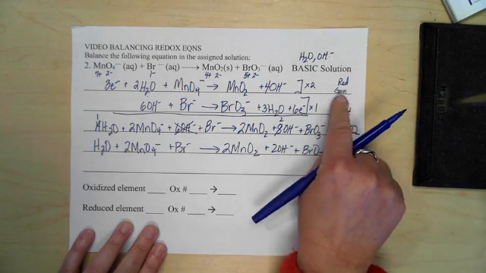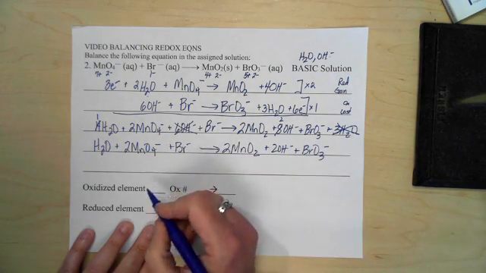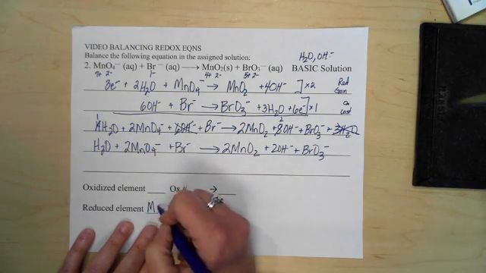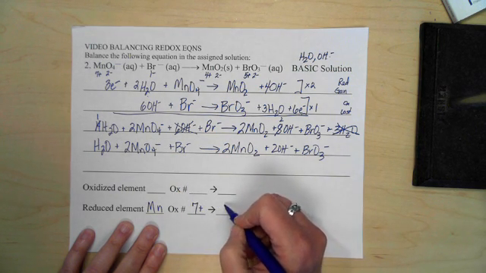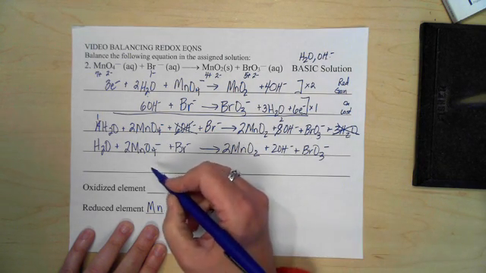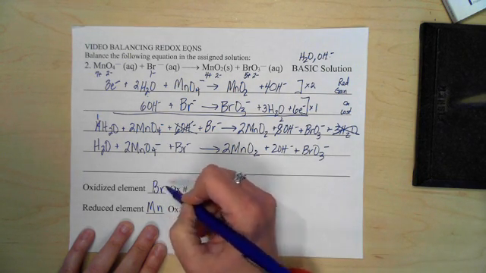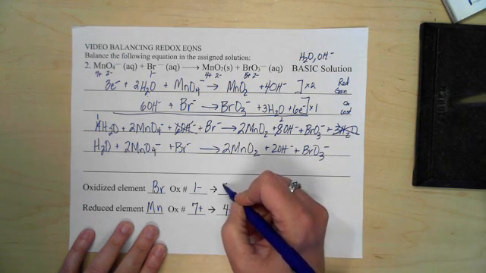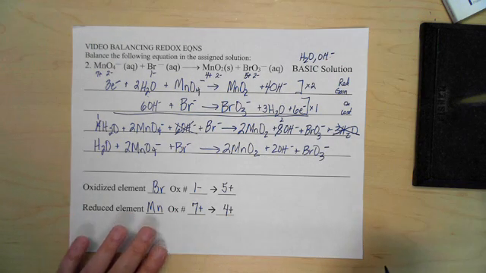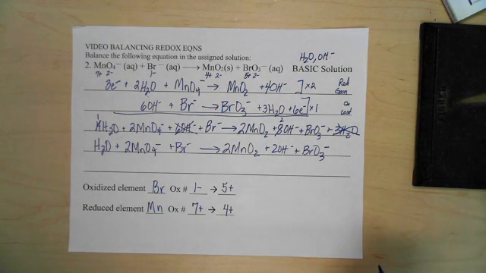So, we know that manganese is the one being reduced. It's going from 7 plus to 4 plus, so it gained 3 electrons. Bromine, however, is being oxidized because we're going from 1 minus to 5 plus. So there we lost 6 electrons.